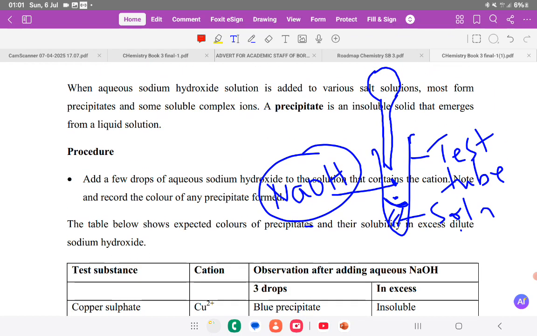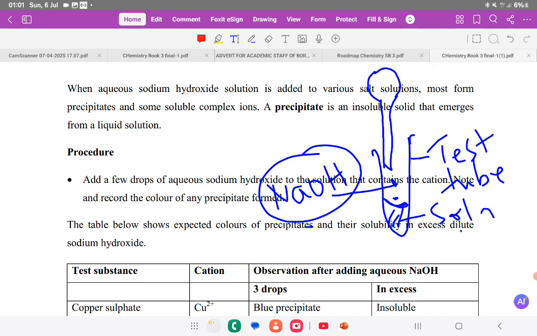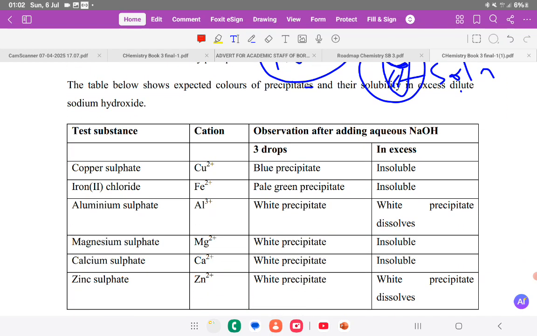So we are saying that you have a sample in a test tube, to which you add the sodium hydroxide. Okay, so initially you add 3 drops.